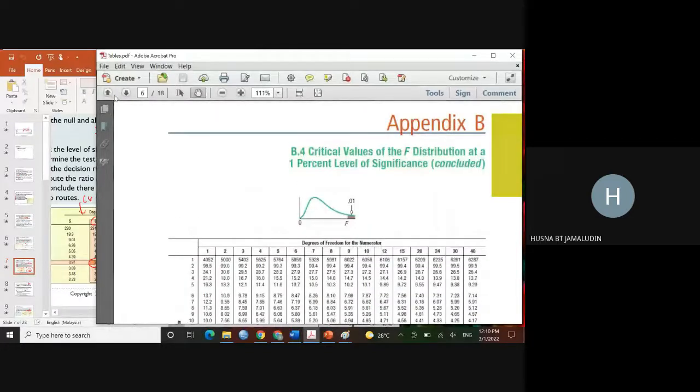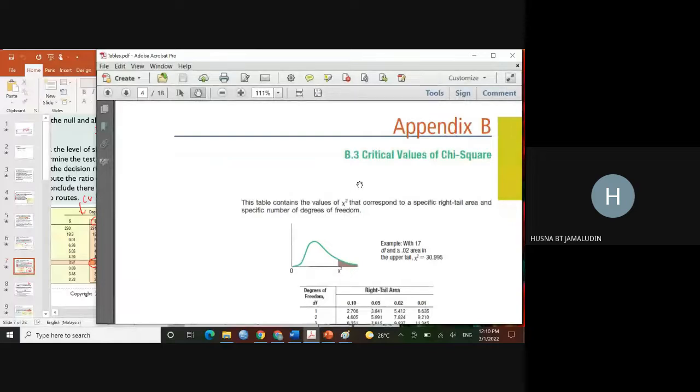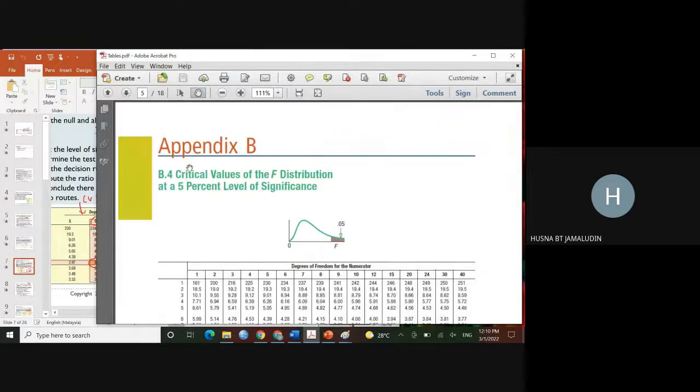Scroll. Before the F table, you will see the chi-square table. We will learn it in the next chapter. And then you will see the F distribution, with the 5% level of significance. For the F table, you have two: one is 5%, and the second one is 1%.